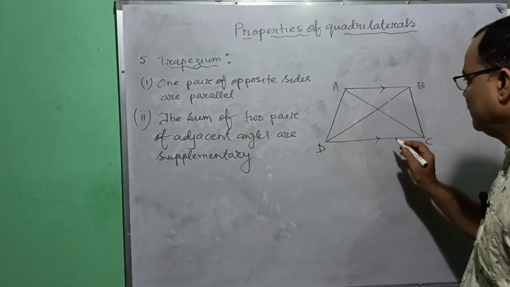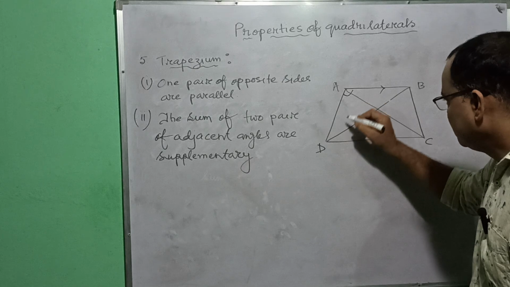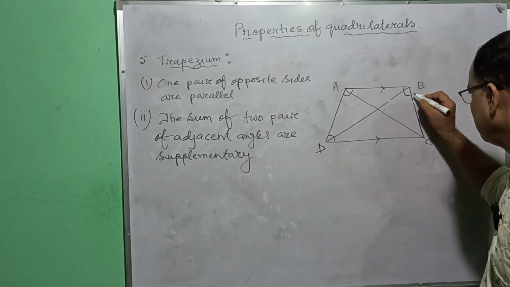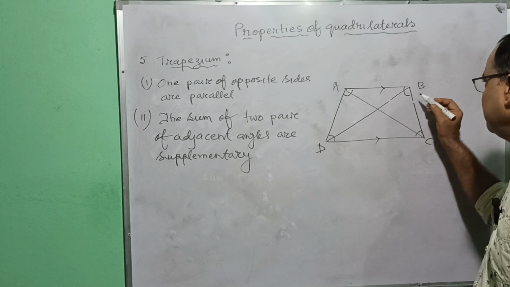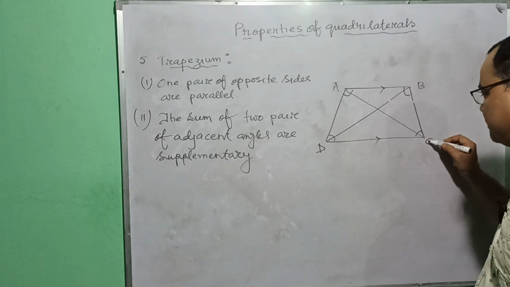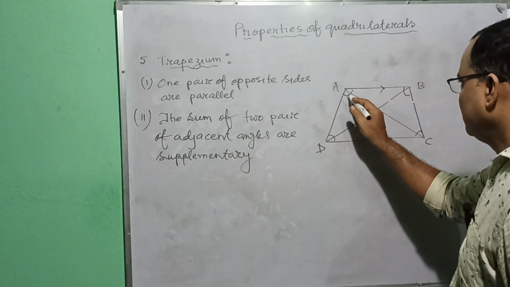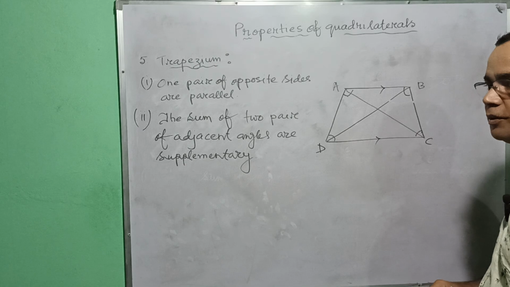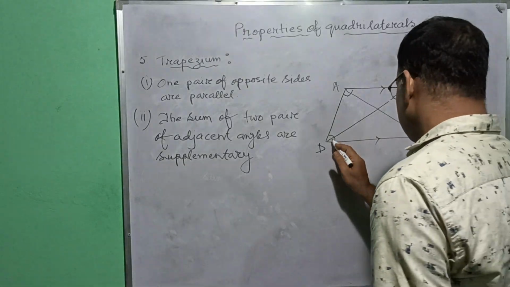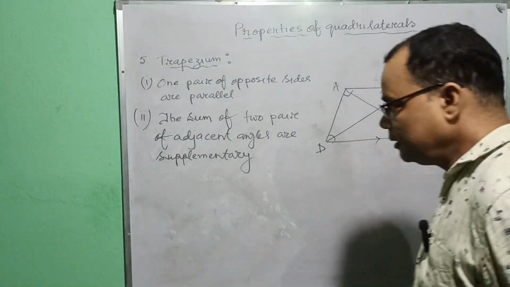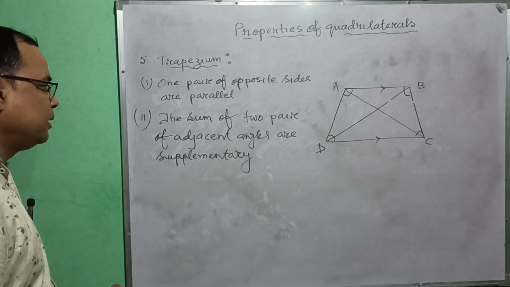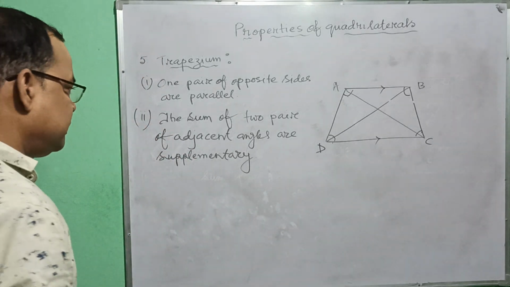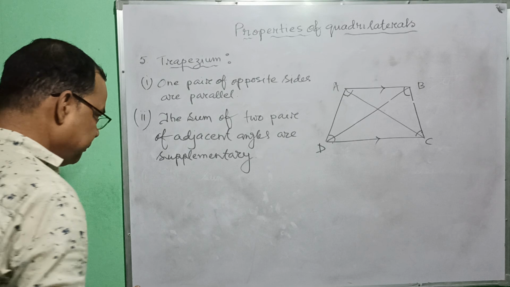It means this is one pair, this is another pair, where the sum of A and D is 180 and the sum of B and C is 180. But the sum of A and C may not be 180 degrees, and the sum of D and C may not be 180 degrees. So it is written that the sum of two pairs of adjacent angles are supplementary.